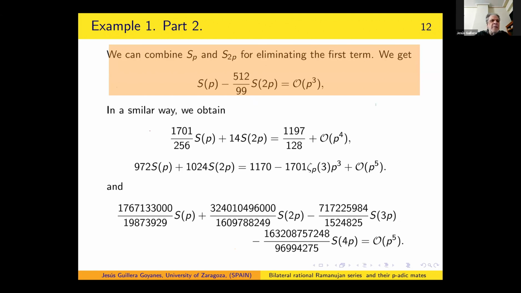In a similar way, we have these identities, now orders of square of p to the fourth and p to the fifth.